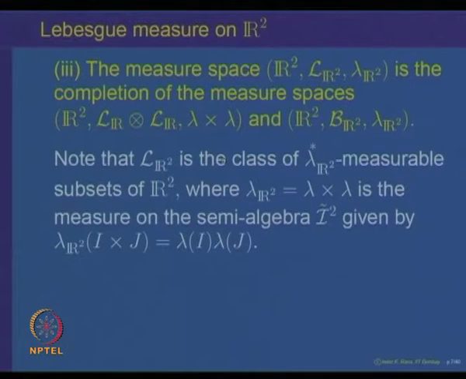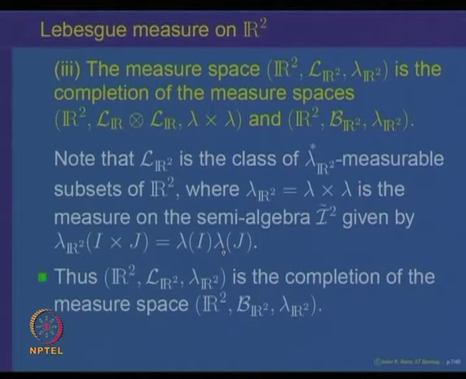So, one way of looking at it is to look at the Lebesgue measurable subsets of R 2, it being the completion. It is the class of all outer Lebesgue measurable subsets in R 2 with respect to the product measure. And on the semi algebra I 2 of rectangles, it is given by the product.